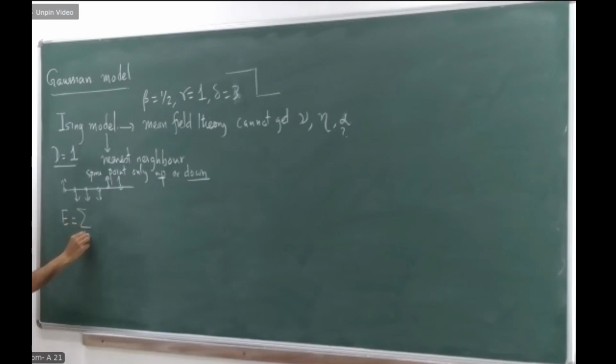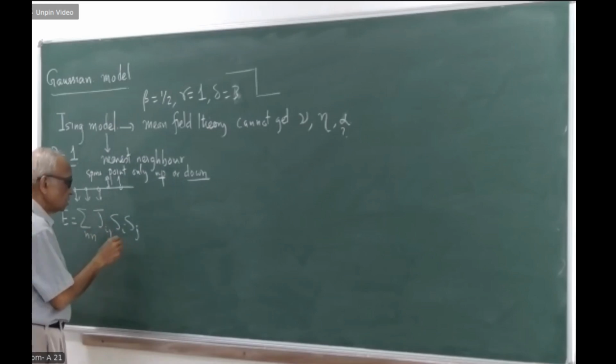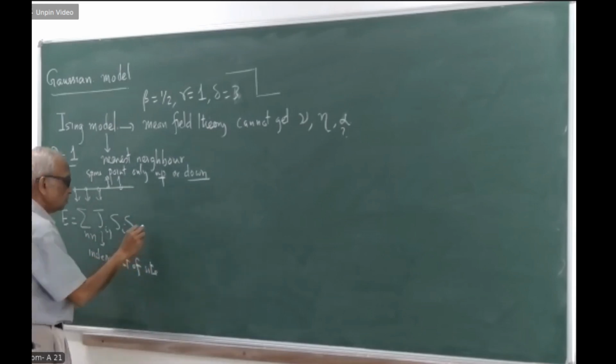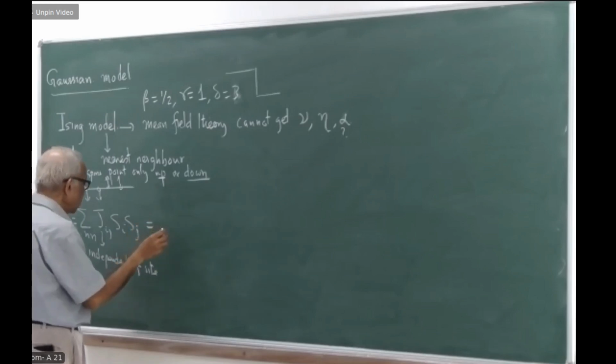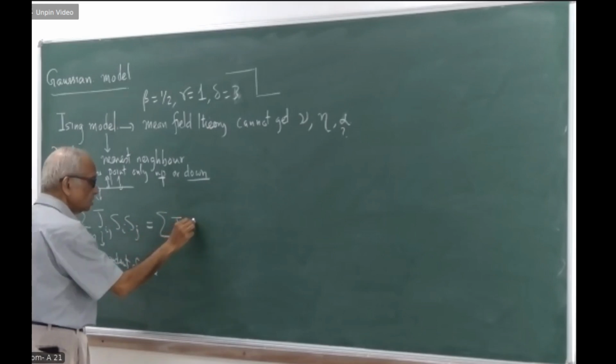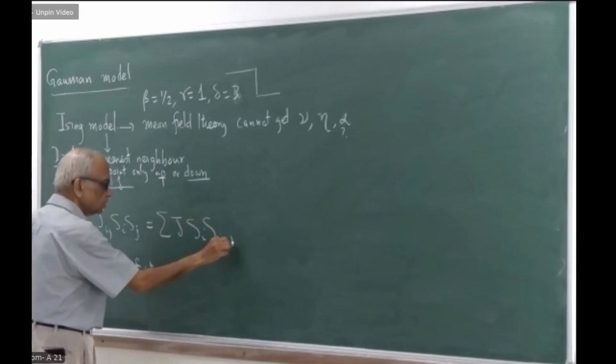The energy of the system is summed over nearest neighbors, J_ij S_i S_j. Here we take J_ij independent of site, so this is equal to the summation J S_i S_{i+1}.